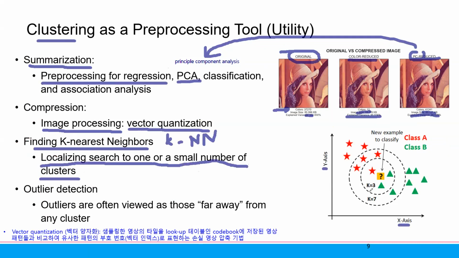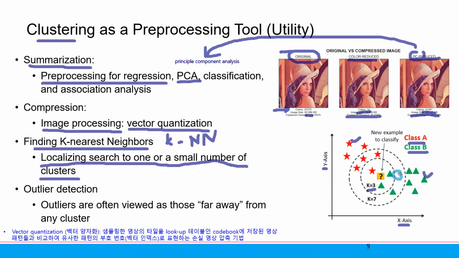If I say that k equals 3, I have this data. What should be the class of this data? Is it class B or is it class A? Class A is the star, the red color, and class B is the triangle.